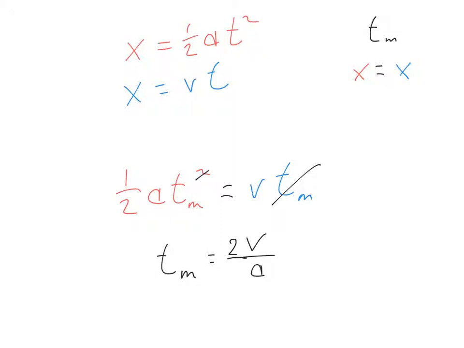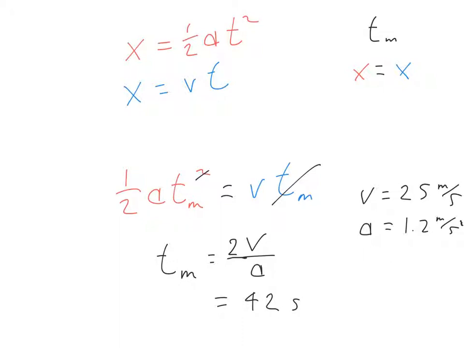Now, since we said that the velocity was 25 meters per second and the acceleration was 1.2 meters per second squared, everything nicely in SI units, we can just plug everything in there and we're going to get about 42 seconds.